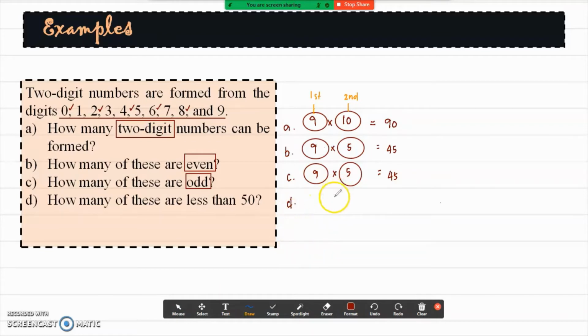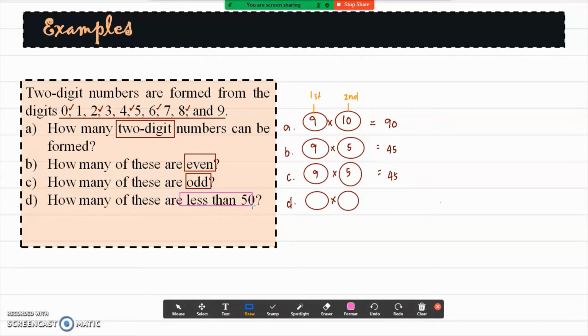So for letter D, for the first digit, again, we'll go back to what is asked in our problem in letter D.